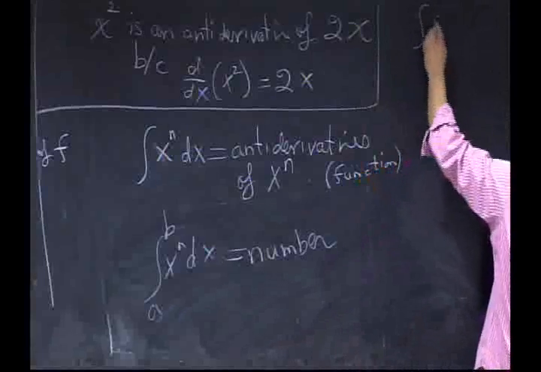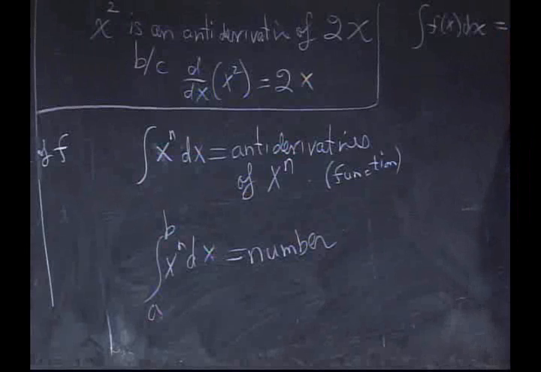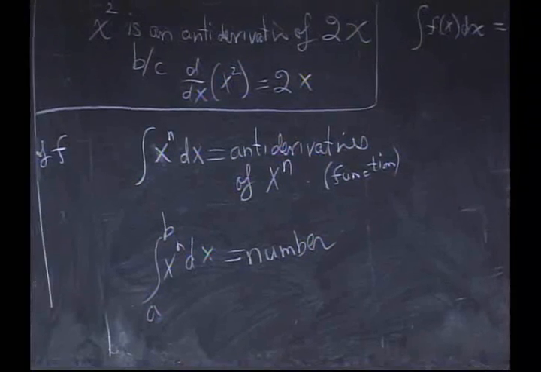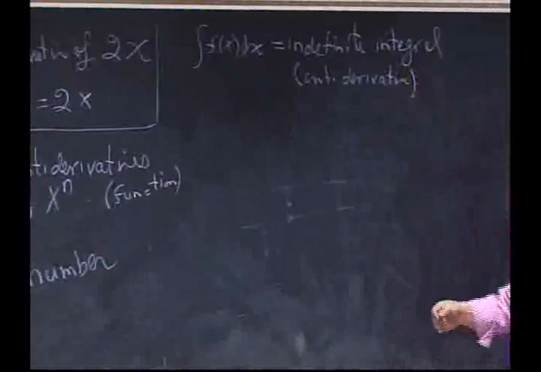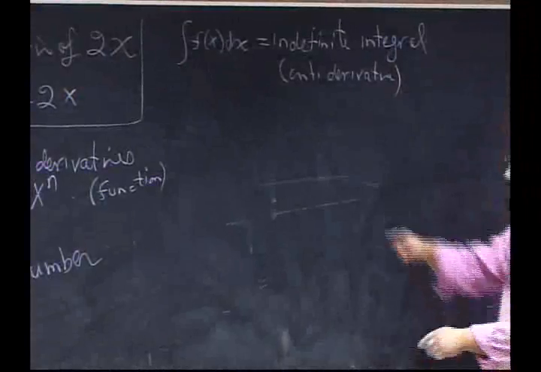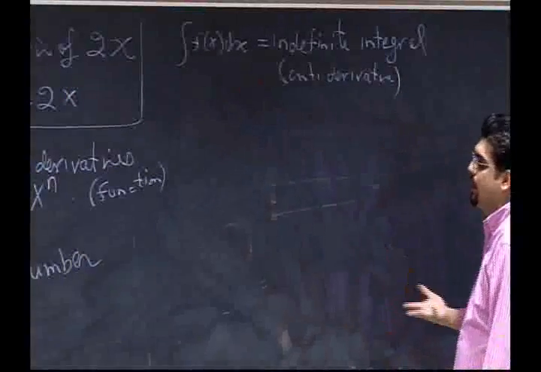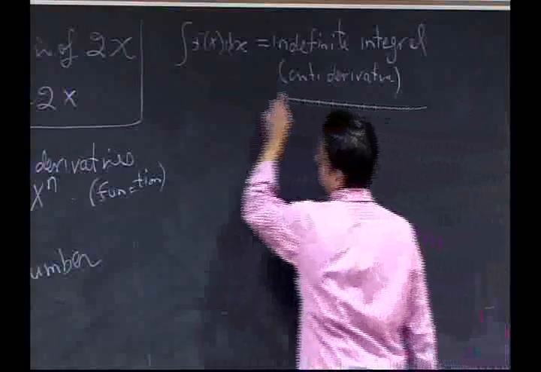It basically means antiderivative. So instead of using the word antiderivative every time, I'll just write this symbol without any limits of integration. It just means that we want to find antiderivatives.